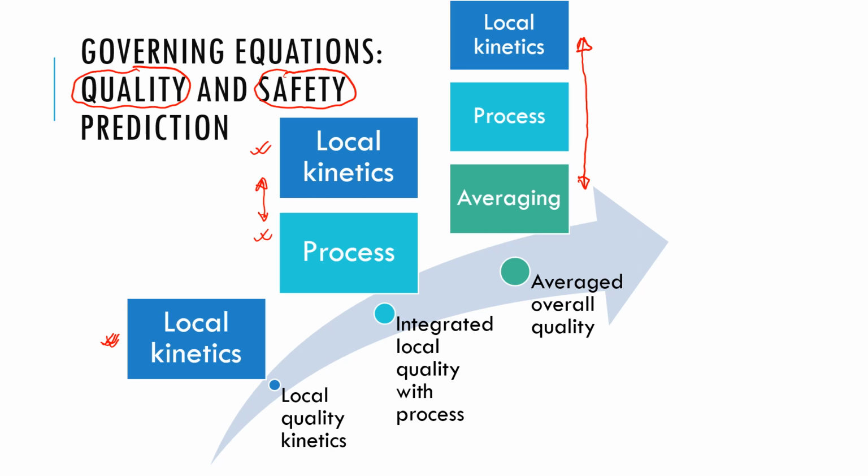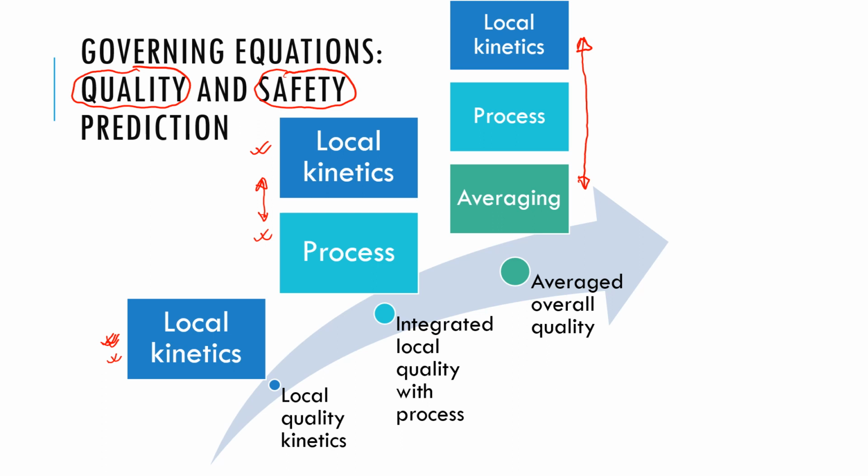This framework that I just explained for color is actually more general for quality prediction, and it is also very analogous in the case of safety prediction. In safety prediction, we'll have a microbiological kinetics at this stage and its temperature dependency, let's say in a sterilization process.